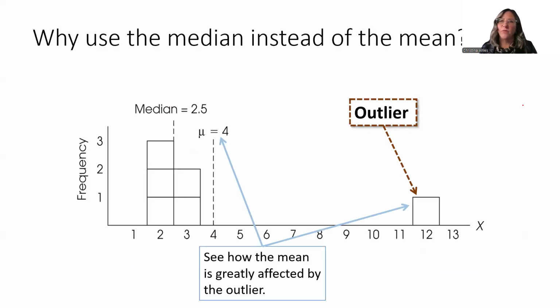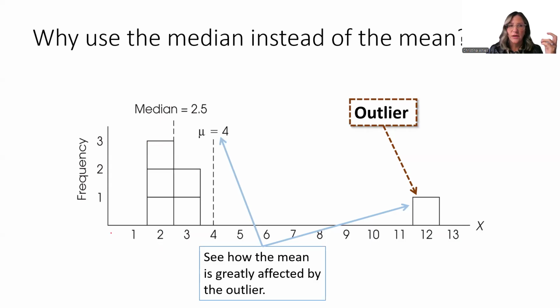So here's kind of what I was talking about with outliers really affecting our measures of central tendency and why we would want to use the median instead of the mean. As you'll see, we have a table, and I think sometimes it helps visually. We have three people who scored two.